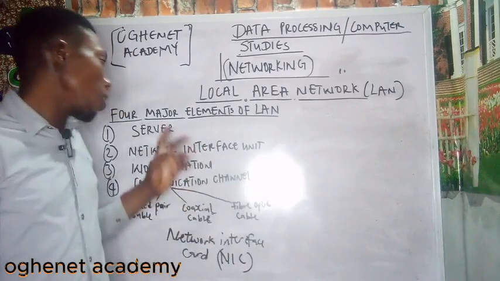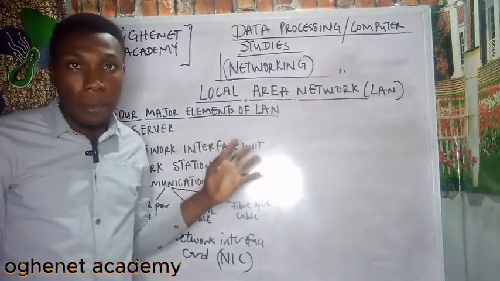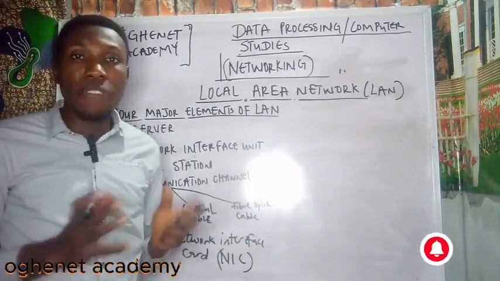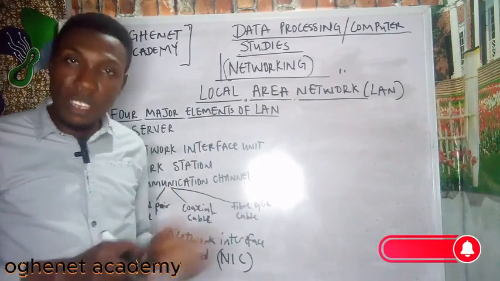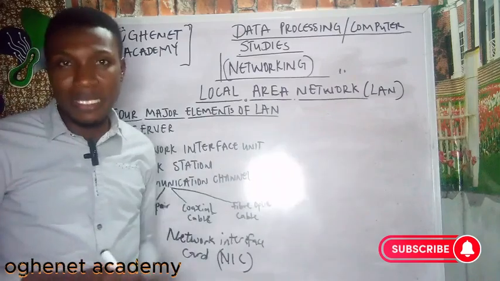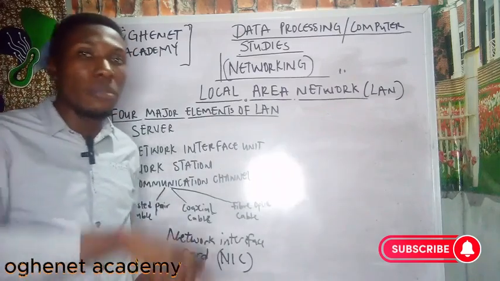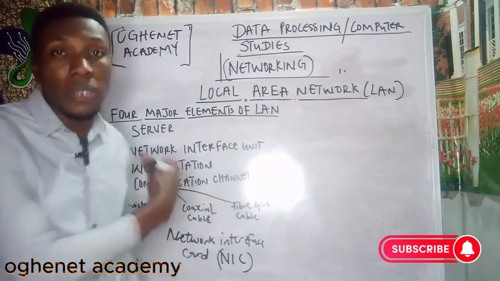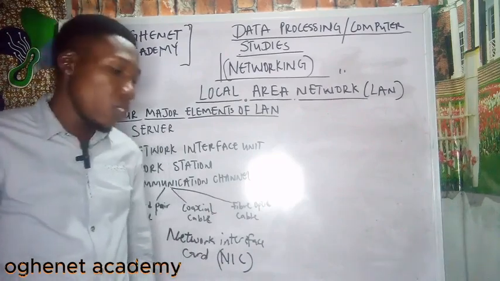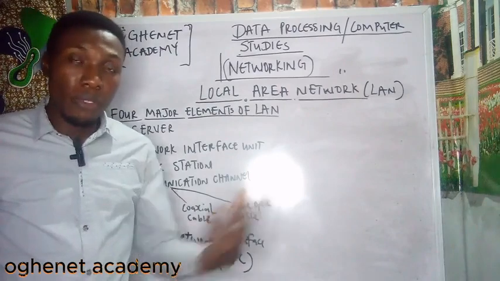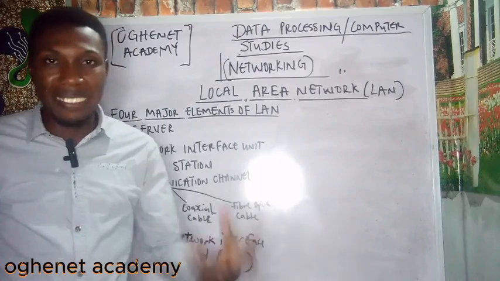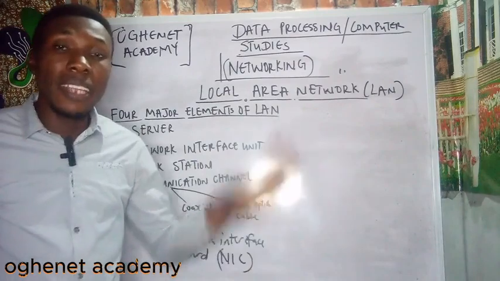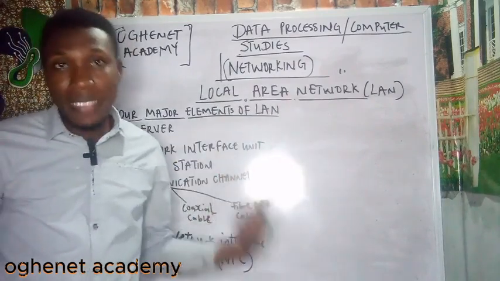Remember when I was lecturing on the server, I talked about the fact that in a network, you have files and folders stored in the server that can be shared across multiple devices connected to the network. So one function of the workstation is to access those files that have been stored in the server.